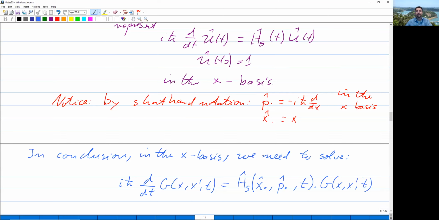Right? So any occurrence in here of a momentum operator will be translated.